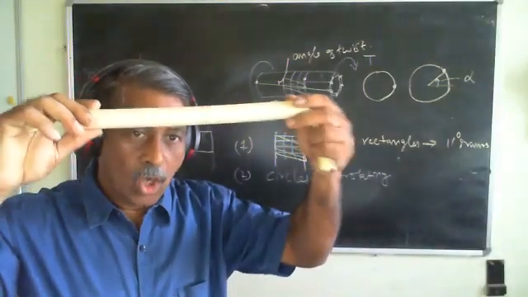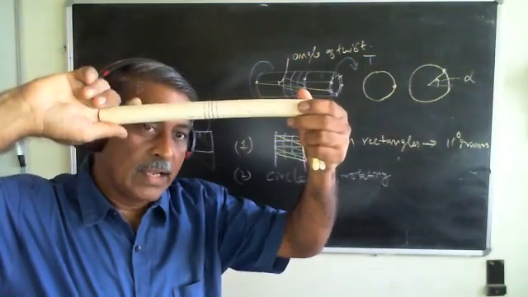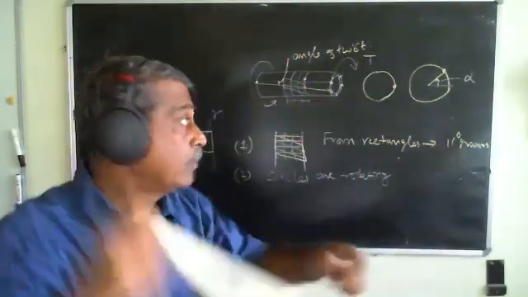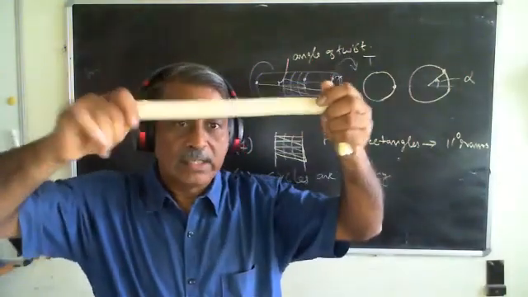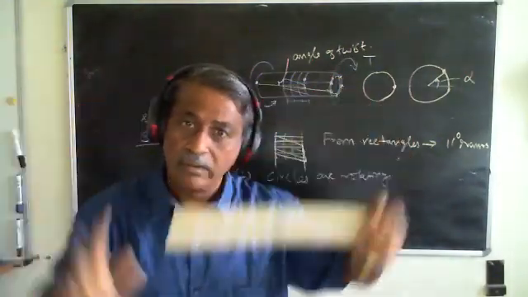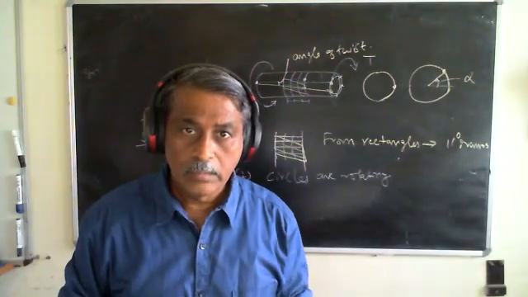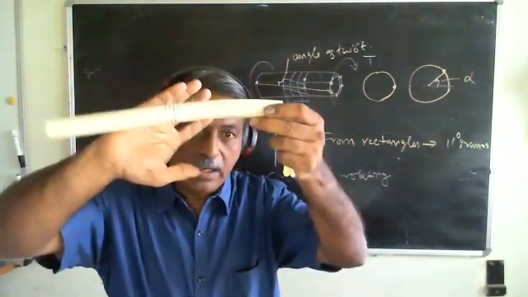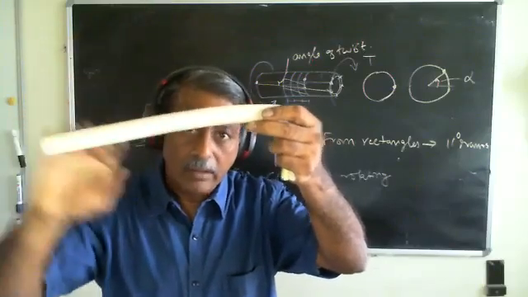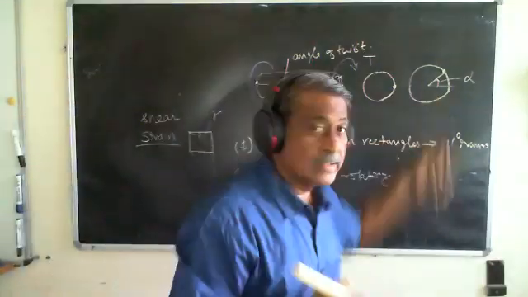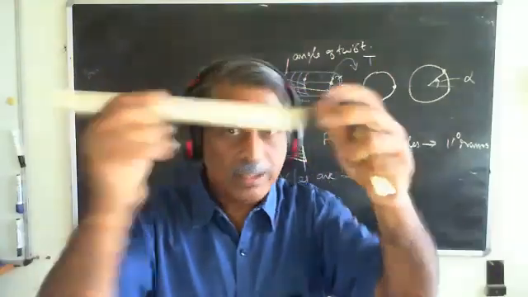If I take a long rod like this and I twist it by an extent which is alpha, the amount of twist that has occurred is alpha. If I take half of it and I twist it by alpha, same as this, the angle of twist is alpha.